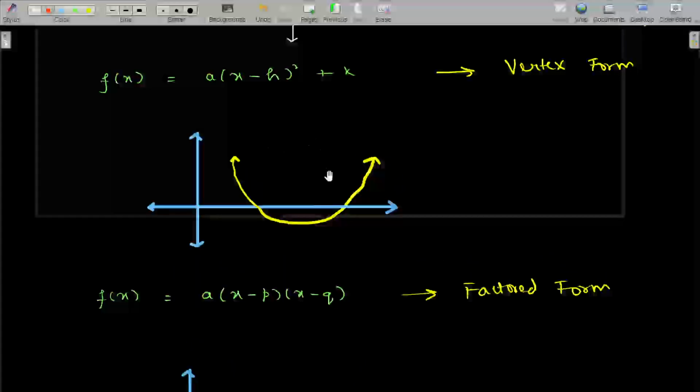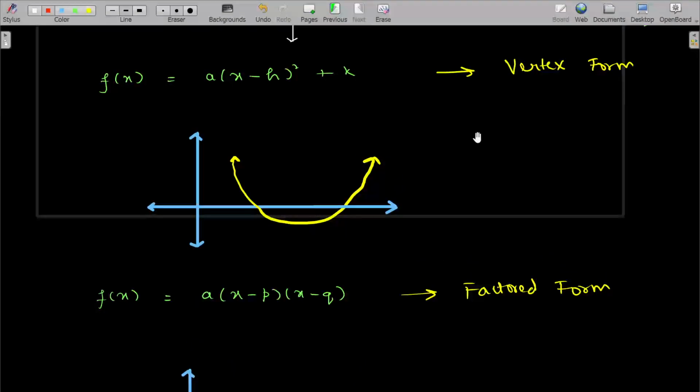Exactly. Now when the equation is given to us in the vertex form, then everything is super duper easy, because if the equation is in this form, then you know that the vertex is going to be simply h comma k. We know the values of h and k because the equation is in the vertex form. So the vertex is going to be h comma k, and the minimum value is also clear, k, that's going to be the minimum value.